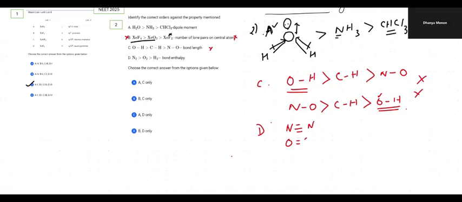So for nitrogen, bond enthalpy is the energy needed to break the bond. Because it's a triple bond, it is greater than oxygen, which is greater than hydrogen. Hydrogen, the bond order is 1. So for hydrogen, least energy is needed. So the D statement is also true. So what is our correct answer? A and D, and that corresponds to C. I hope it is clear. Okay.